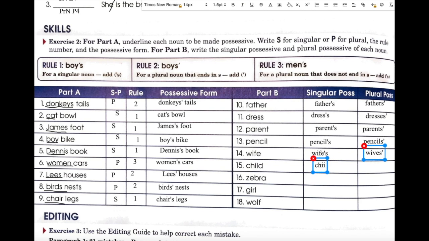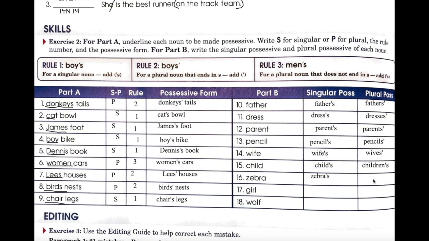Child apostrophe S for singular. For plural possessive, turn it into a plural first, children, and then apostrophe S because it follows rule number 3. Zebra, singular, apostrophe S, and then for plural, turn it into a plural first, zebras, and then apostrophe.